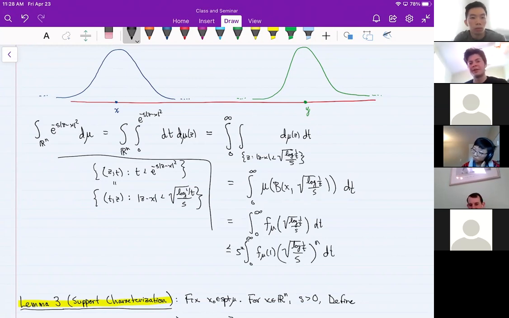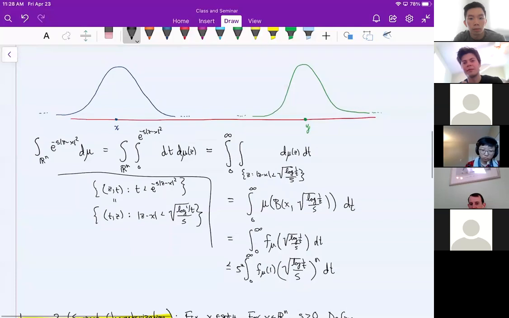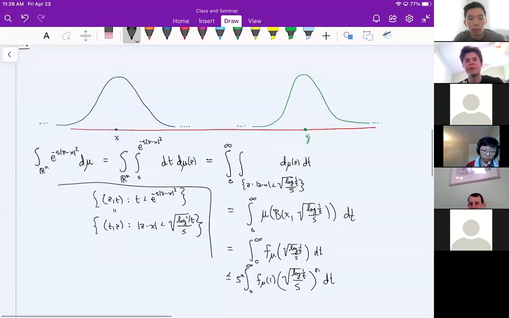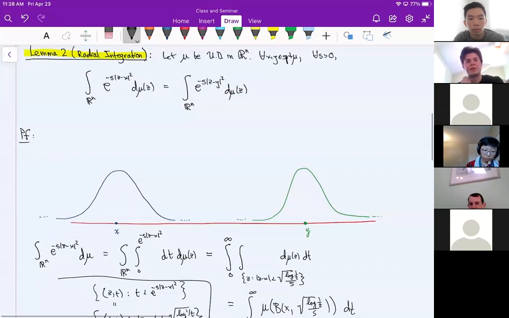I just need that to show that this thing actually converges to some finite number. The fact that my measure can't grow any faster than some polynomial means that this exponential converges.